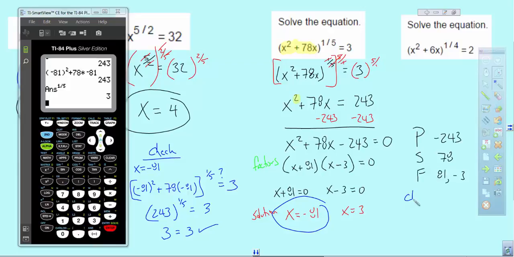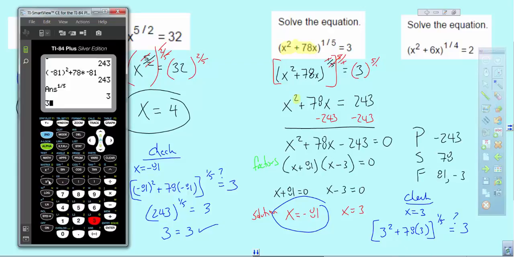I do the same thing for x equals 3. So I've got 3 squared plus 78 times 3, all of that raised to the 1/5 power should be equal to 3. So pulling our calculator out, we've got 3 squared plus 78 times 3.